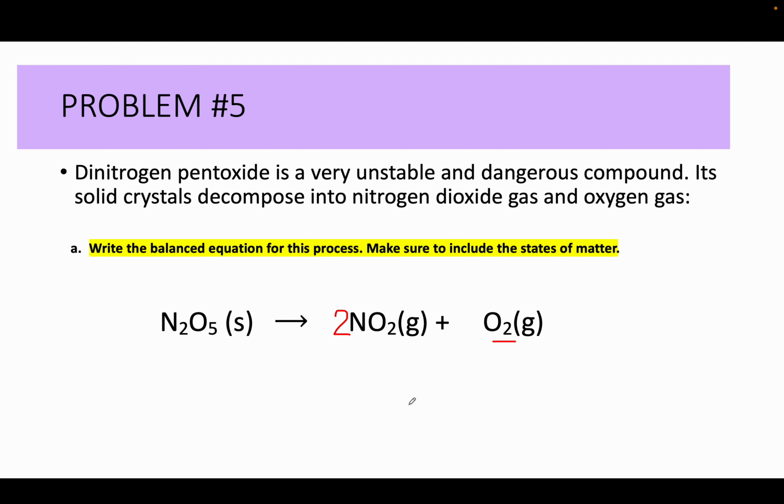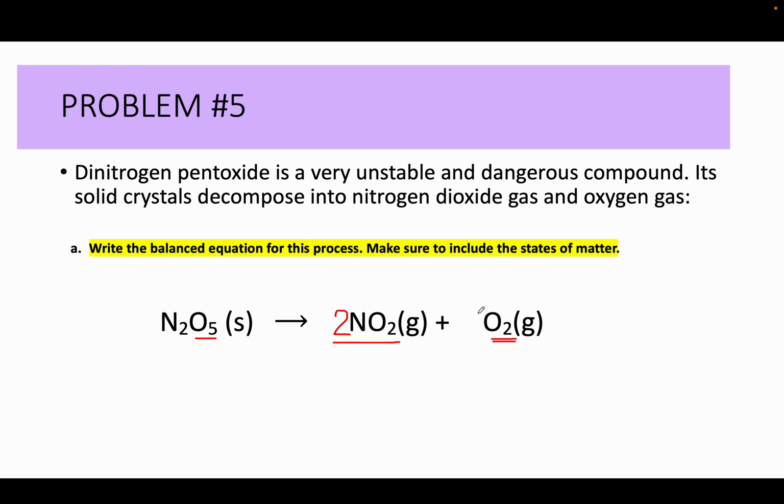Next, we are going to balance oxygen by adjusting the pure element oxygen, possibly giving it a fractional coefficient. So right now, we have 5 oxygen atoms on the reactant side, and we already have 4 oxygen atoms from nitrogen dioxide, having 2 moles of it.